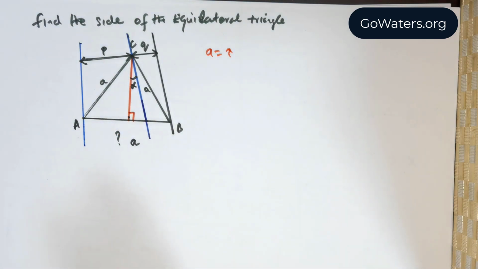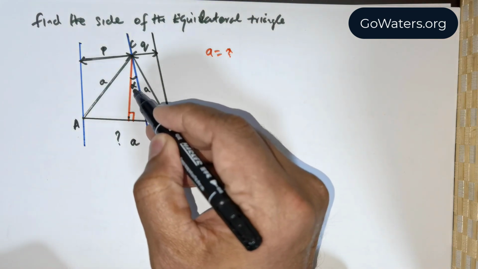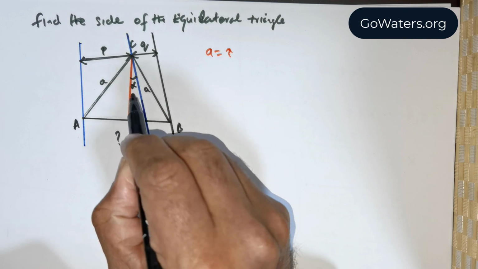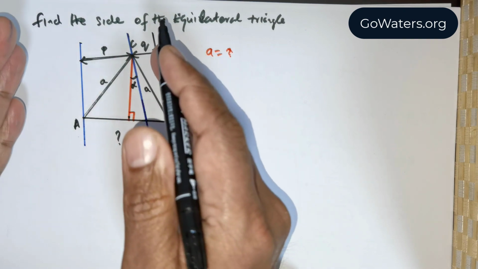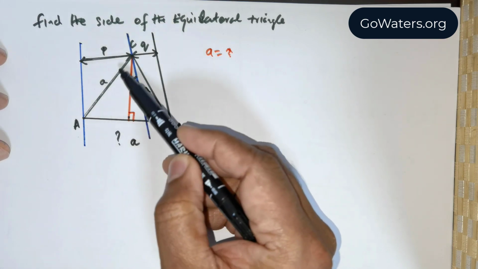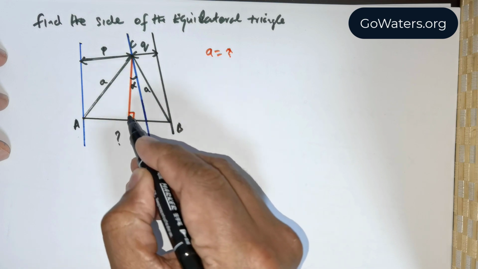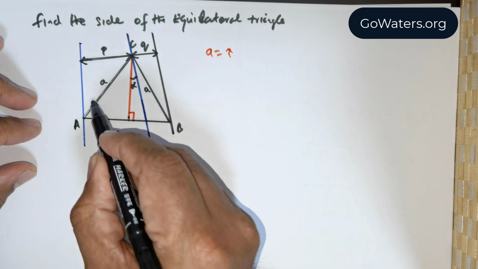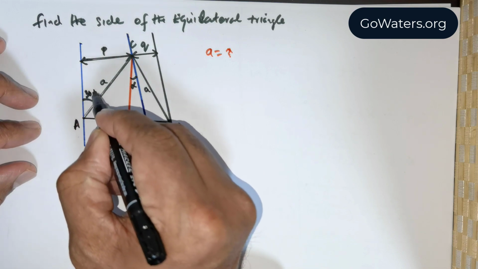So this is alpha, this is assumed. Now we are actually going to be looking at this particular triangle. Now I know this is 90 degrees. I am taking this part to be 30 degrees plus alpha.